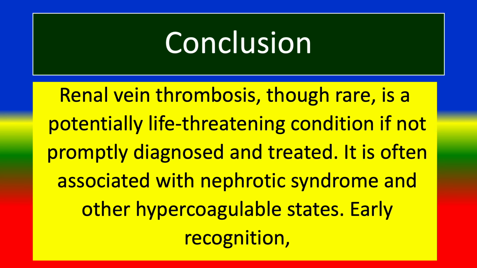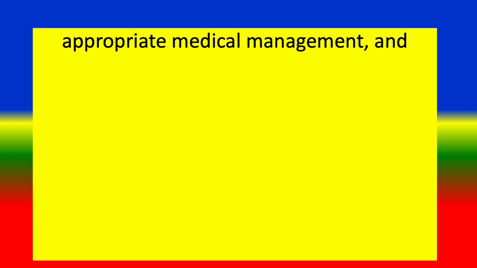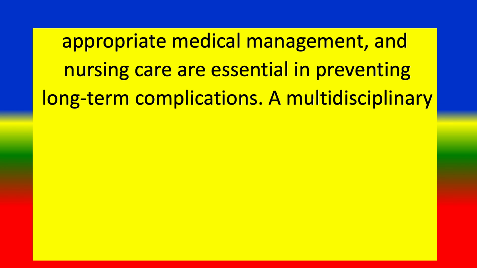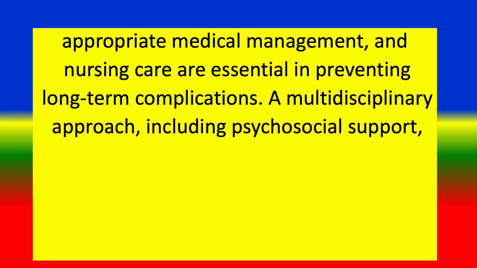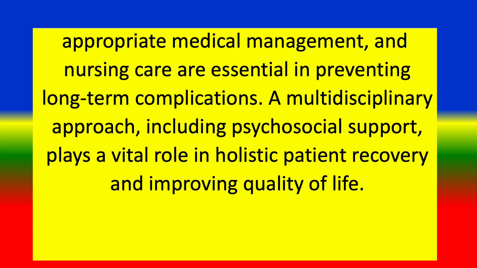Early recognition, appropriate medical management, and nursing care are essential in preventing long-term complications. A multidisciplinary approach, including psychosocial support, plays a vital role in holistic patient recovery and improving quality of life.